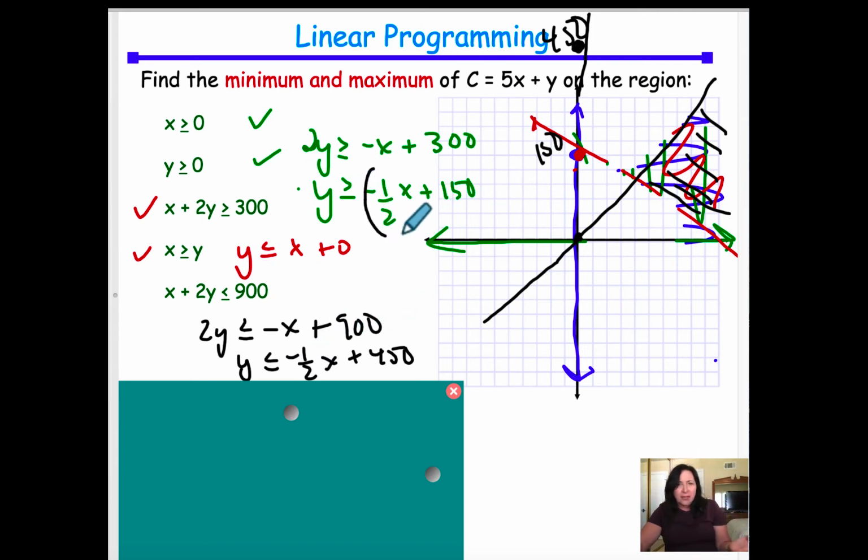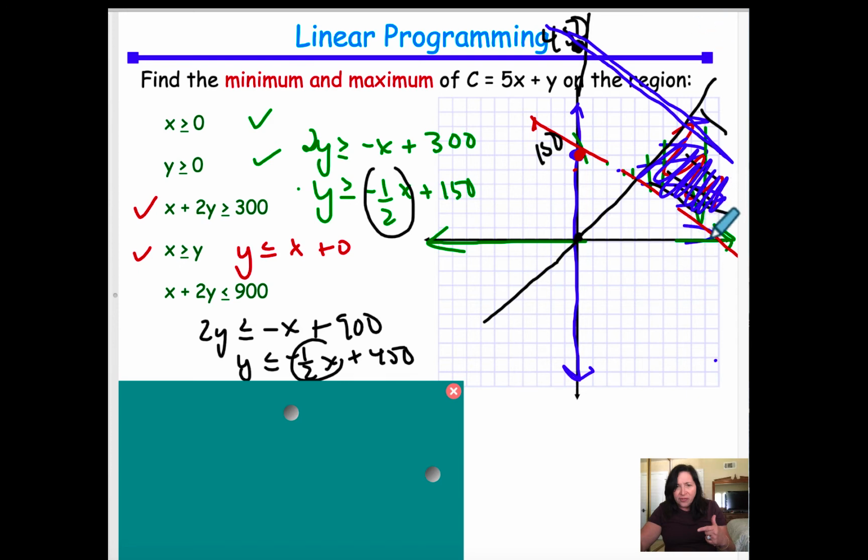I noticed that this slope for this green equation here is the same as this one. So they are going to be parallel. So I'm going to just make sure that it's parallel to this one that started at 150. So here we go. There it is. And then that one is also less than. So we're talking about this area in here, okay?